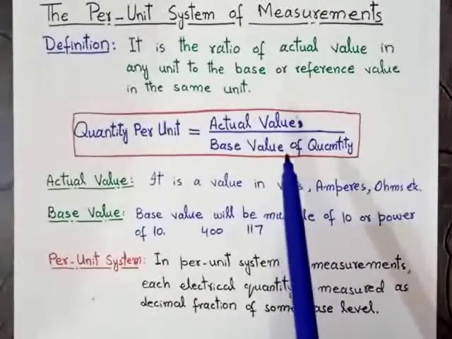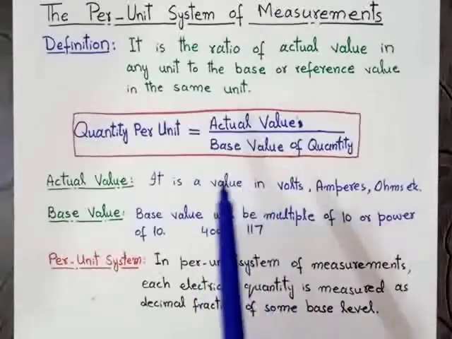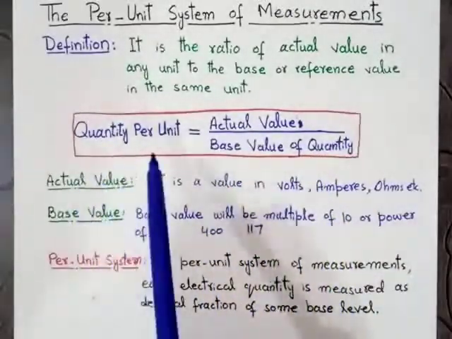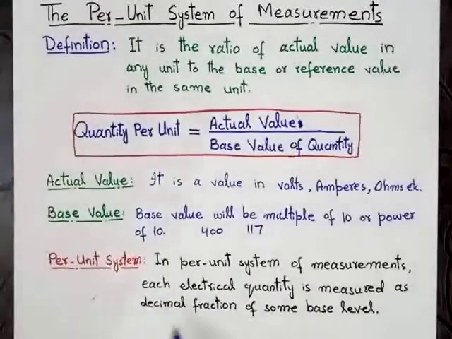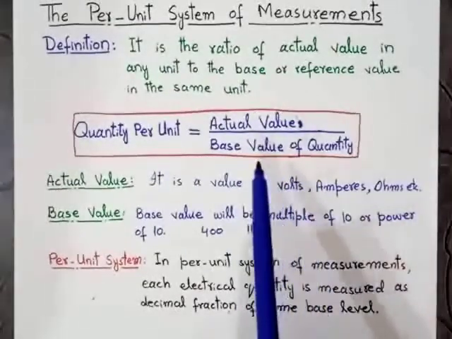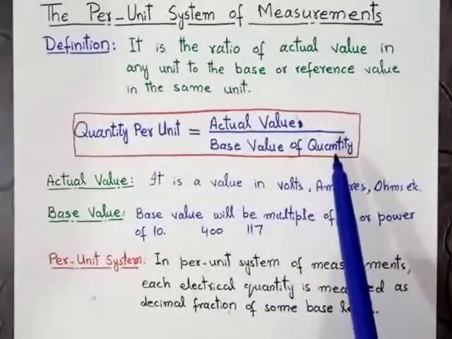If the denominator is a multiple of 10 or power of 10, then the answer of the per unit will be in decimal fraction, because decimal fraction is the fraction in which the denominator is in the form of a multiple of 10 or power of 10.